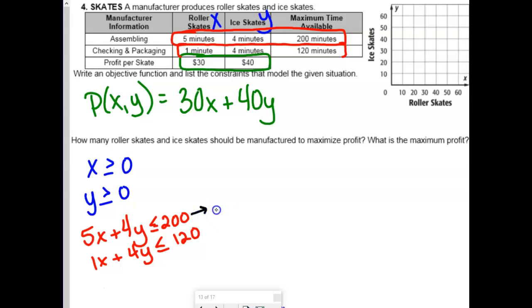If you want to use the intercept method of graphing with standard form, you're more than welcome to, but you're pretty much guaranteeing that you're going to have to use more algebra to find the point of intersection. Which is fine, because frankly, I have to do it that way anyways. So here, we're going to subtract 5x and divide by 4. So y is less than or equal to negative 5/4 x plus 50. And then this one rearranges into subtract the 1x and divide by 4. So negative 1/4 x plus 30.